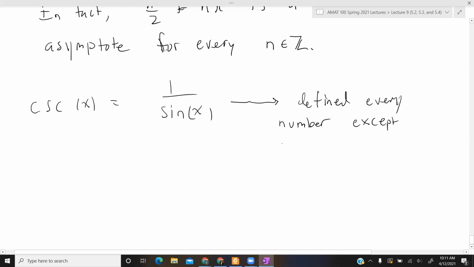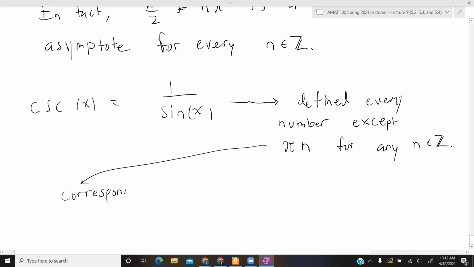And that, as I said, happens when you have a number of pi times n for any n which is an integer. So these are going to correspond to these points where it's not defined. They're going to correspond to vertical asymptotes.